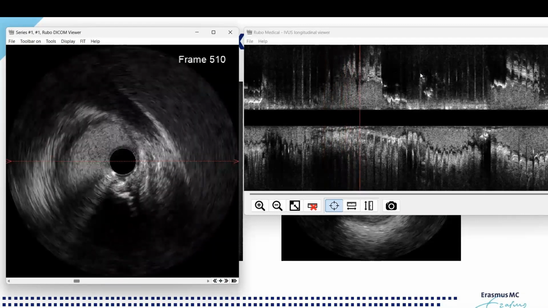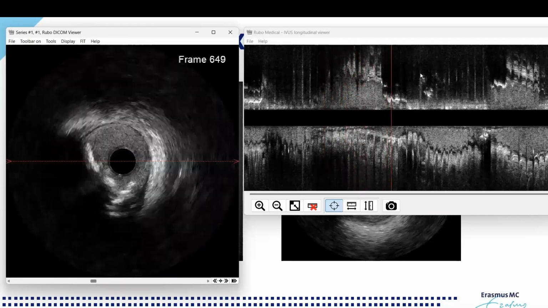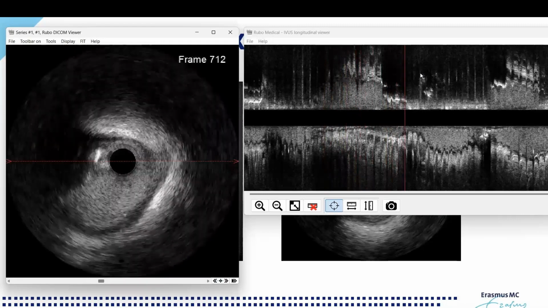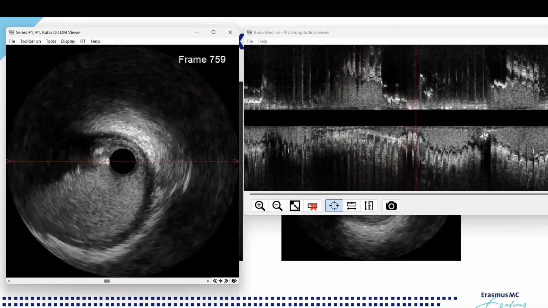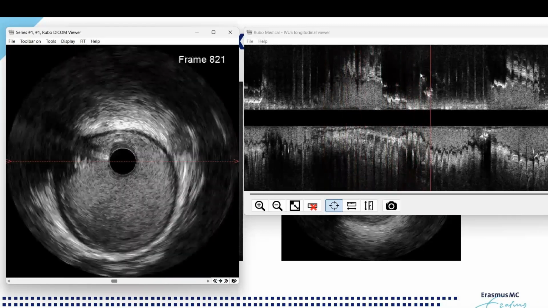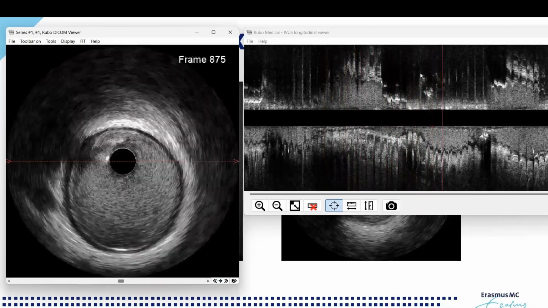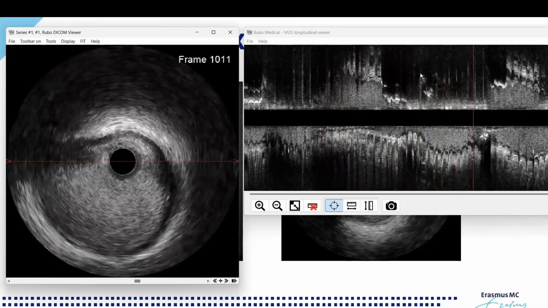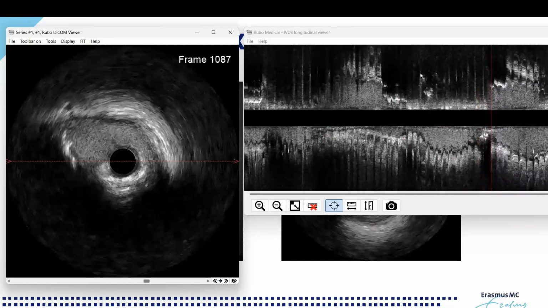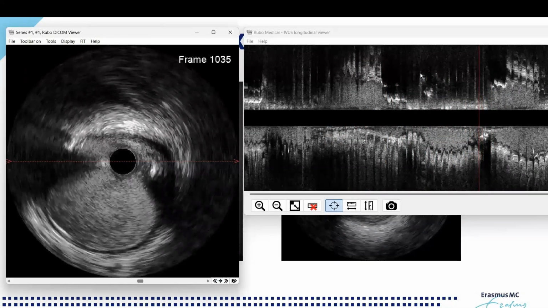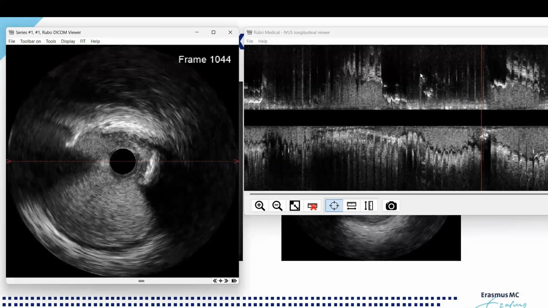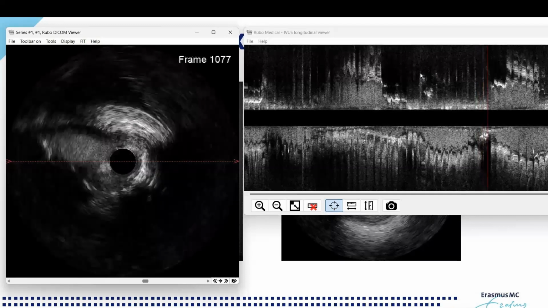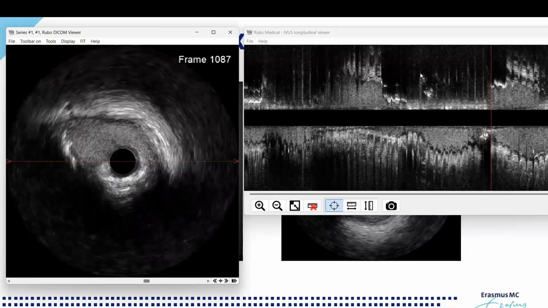So if we go more proximal, you see that I always call this a diffusely calcified vessel because it's almost the entire length, except here more proximal in the circumflex where we get near the ostium. At 11 o'clock, we have an obtuse marginal in there. And in the proximal circumflex, also there we have this calcification of more than 180 degrees.